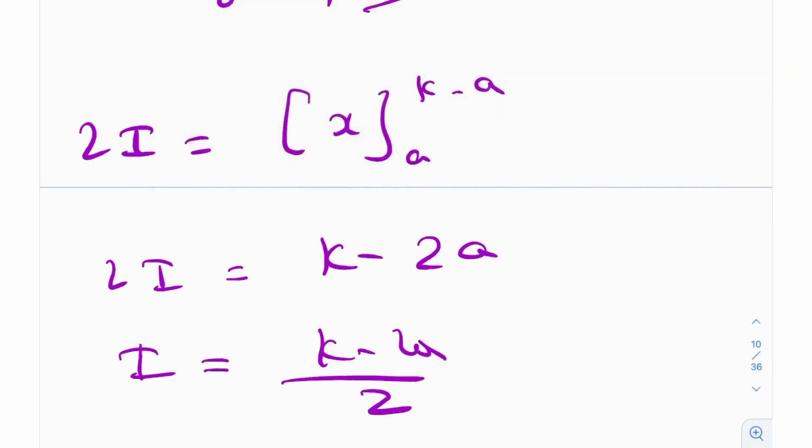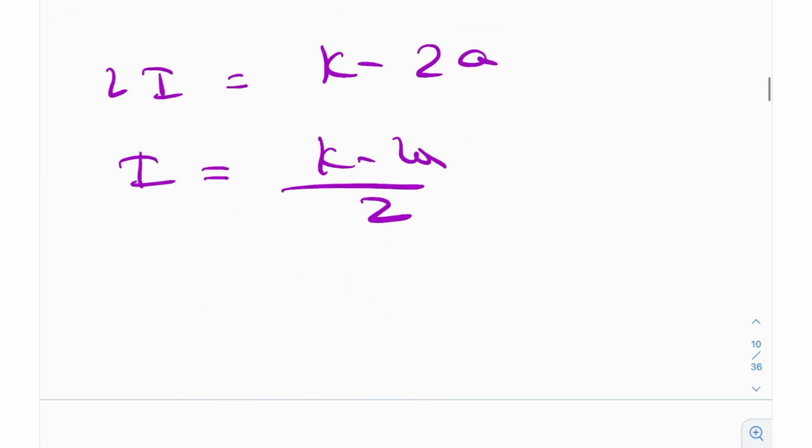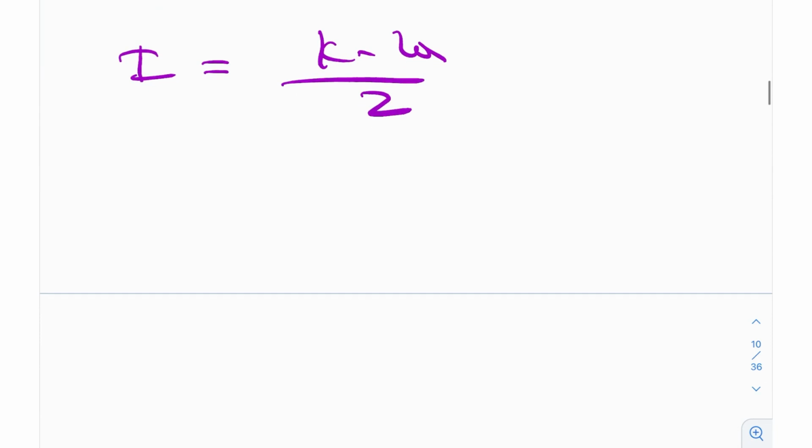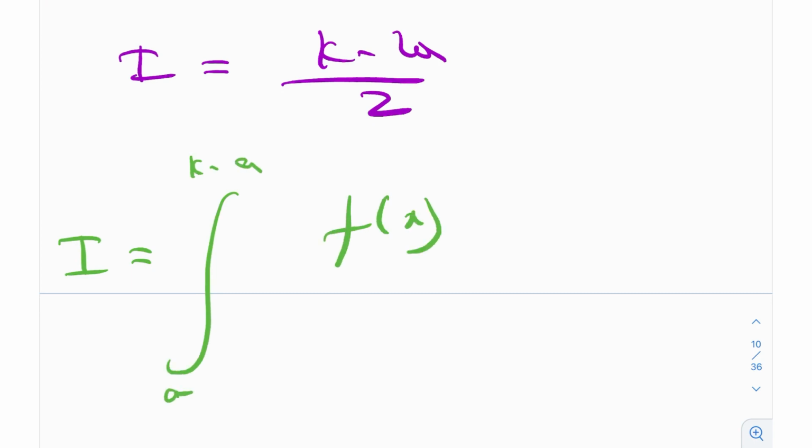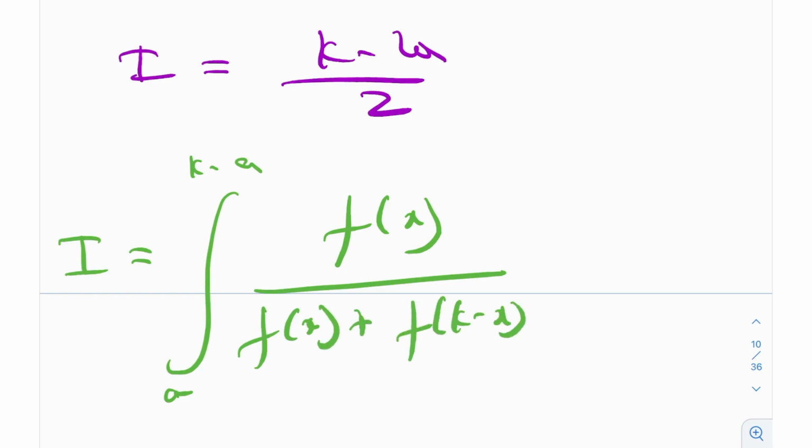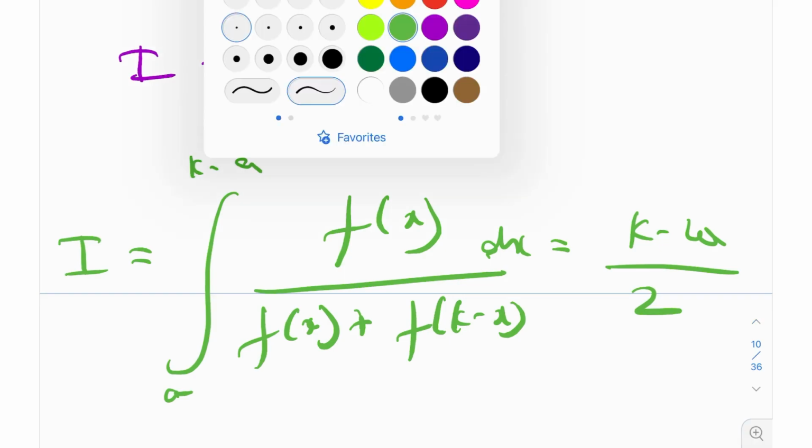So this is great because we now have an idea. The complex looking integral that I had written above, the integral from a to k minus a of f of x divided by f of x plus f of k minus x dx, simply turns out to be (k minus 2a) by 2. Now let's come to the question.